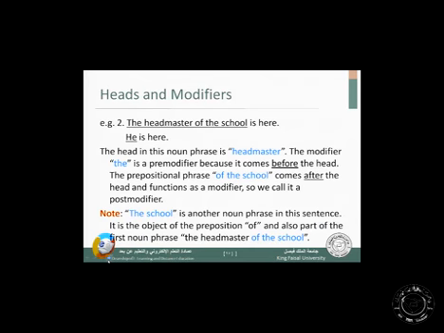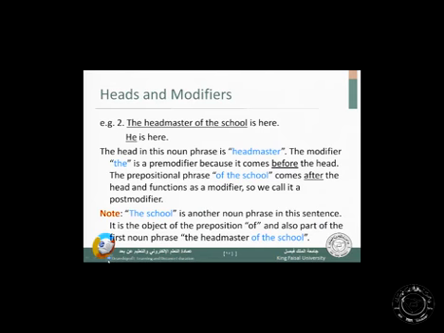This noun phrase has another phrase inside it, a prepositional phrase within the noun phrase. Of the school comes after the head and functions as a modifier. We can call it a post-modifier because it comes after the head.